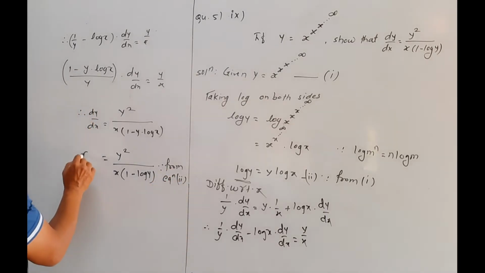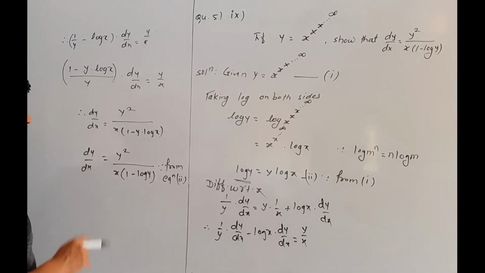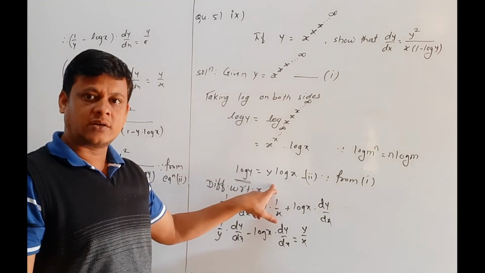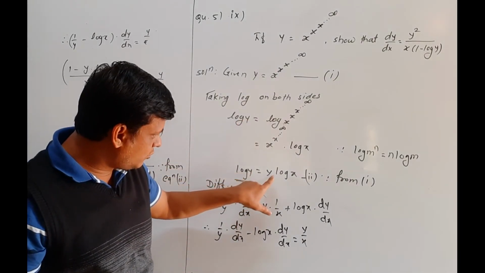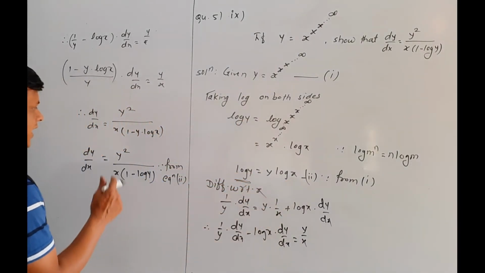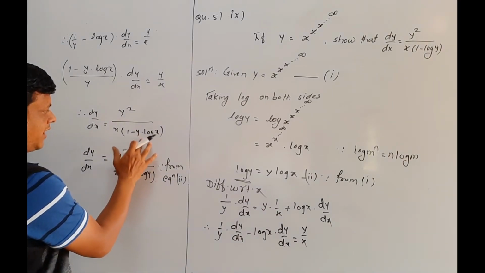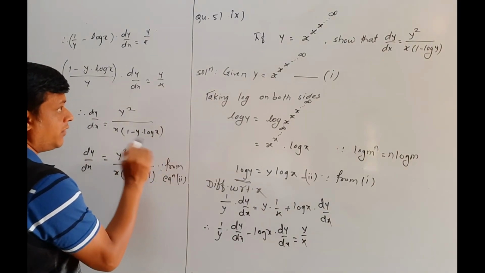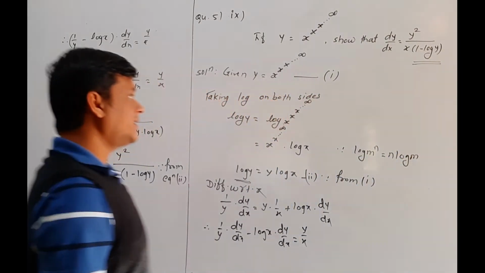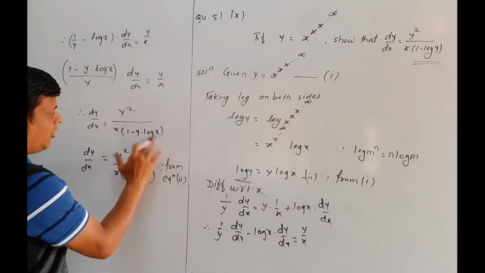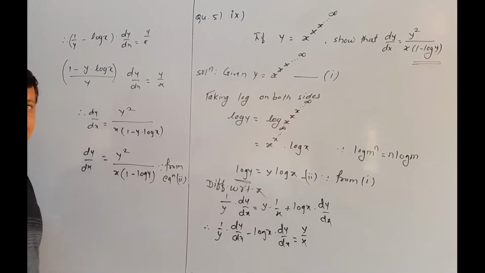So in this way we prove dy by dx. This part is important here: we have log y equals y into log x. Here we calculate the derivative as 1 minus y log x, and we require in the answer 1 minus log y. So we replace this y log x by log y.